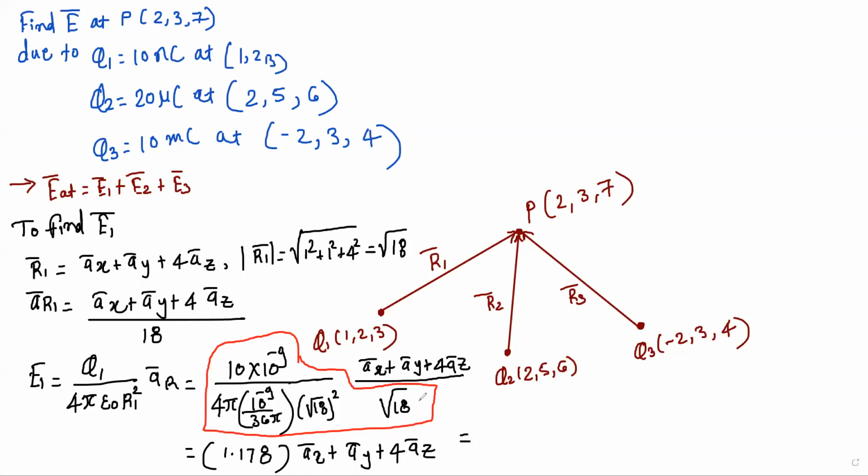Okay, so it's 1.178 a bar x plus 1.178 a bar y plus 4.712 a bar z.